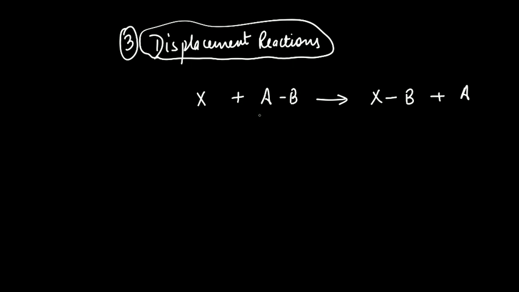If you have any kind of compound AB, this is our metal which is displacing A. So it's kicking off A and making its own compound, and this metal is getting displaced, right? This is also a metal. So this will be the metal displaced.